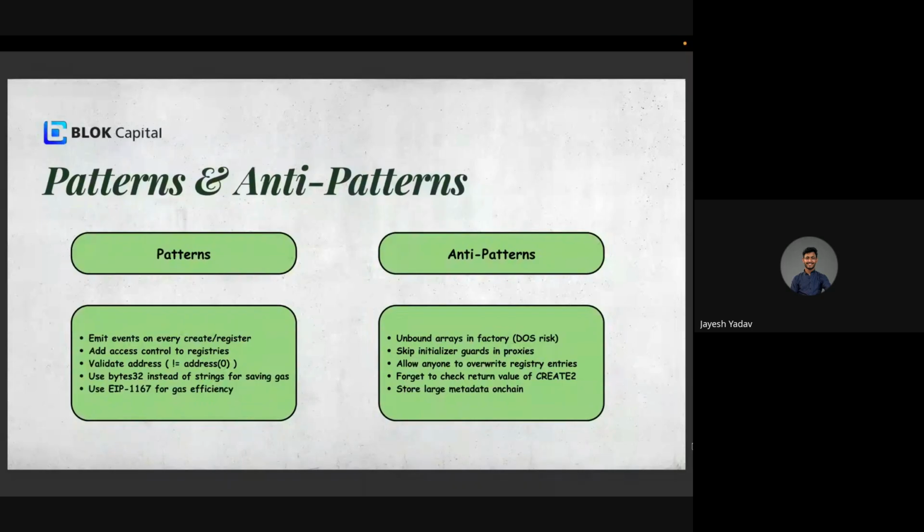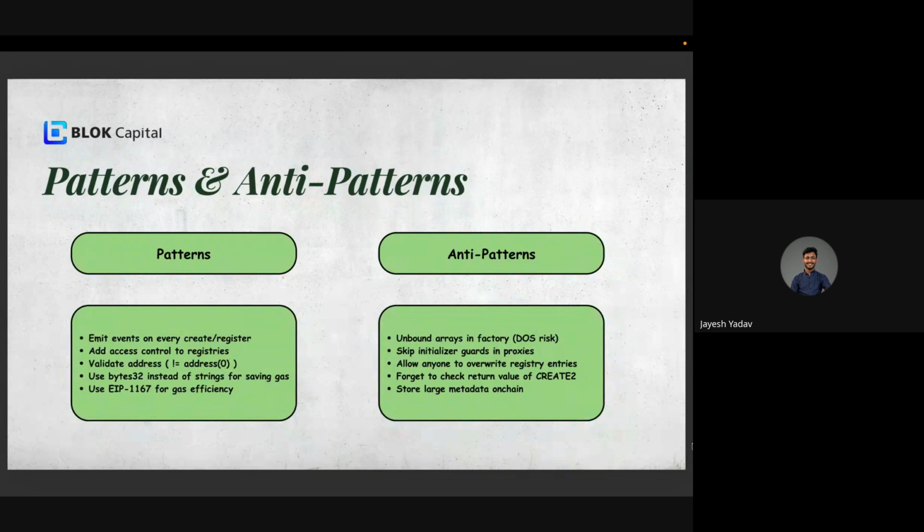Anti-patterns. Unbounded arrays in factories can lead to DOS, denial of service risk. Make sure the lookup functions in the factory should not be querying the unbounded arrays. You can do one thing.